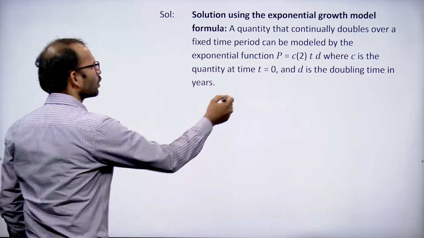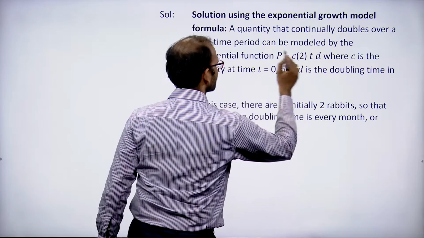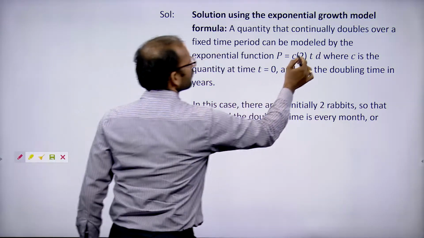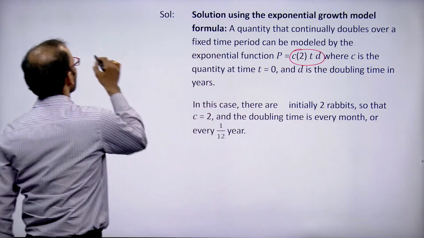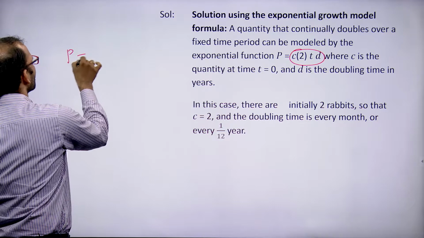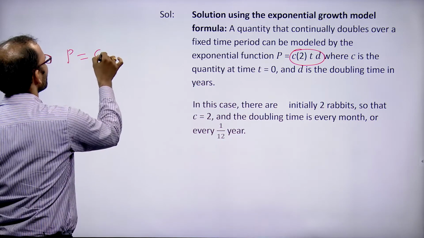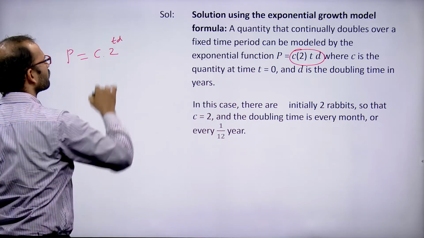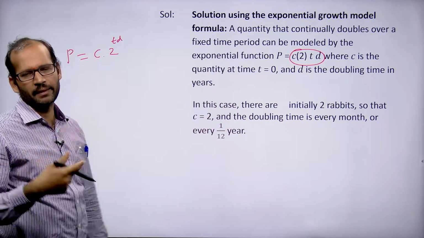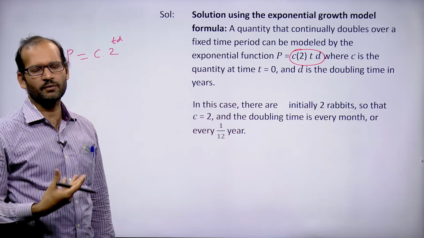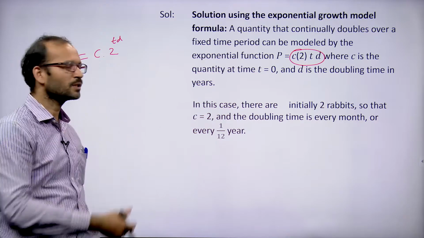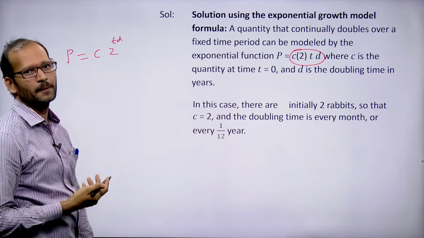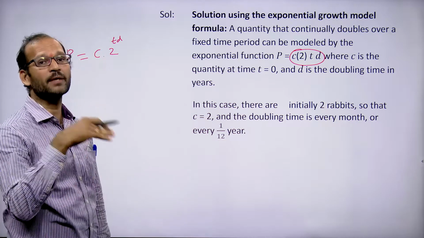It is written this way because it is doubling every period of time. After 1 month double, next double, next double. So therefore 2 power T by D. Here C is the initial population at time t equal to 0.